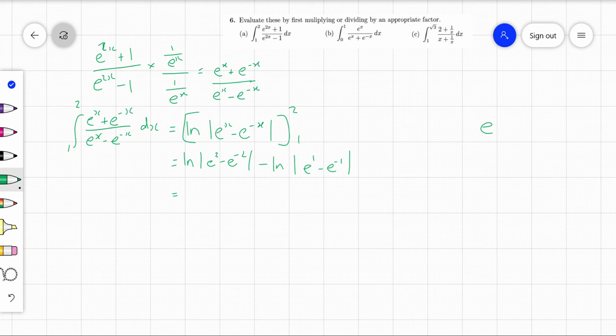So instead of being e squared minus 1 on e squared, which is the first one, I'm going to times everything by e squared and make it e to the 4 minus 1 on e squared. All right, so all I'm doing is timesing through both top and bottom by e squared.